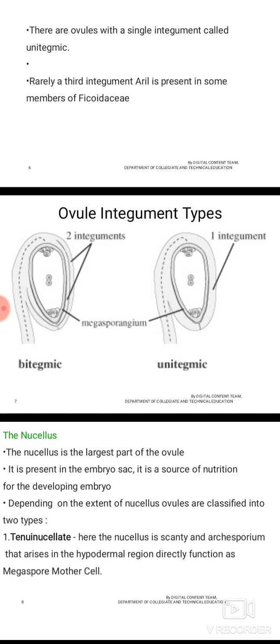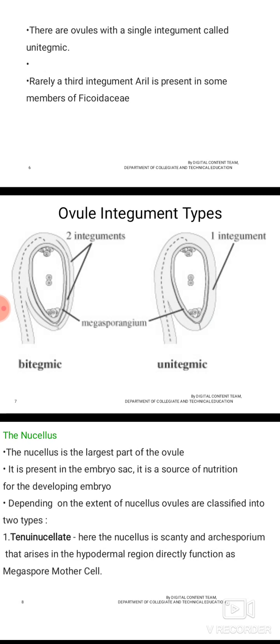Nucellus. The nucellus is the largest part of the ovule. It is present in the embryo sac. It is a source of nutrition for the developing embryo. Depending on the extent of nucellus, the ovules are classified into two types. Tenuinucellate.